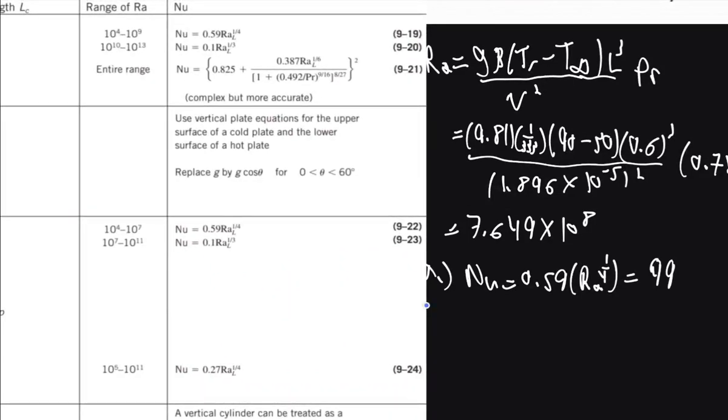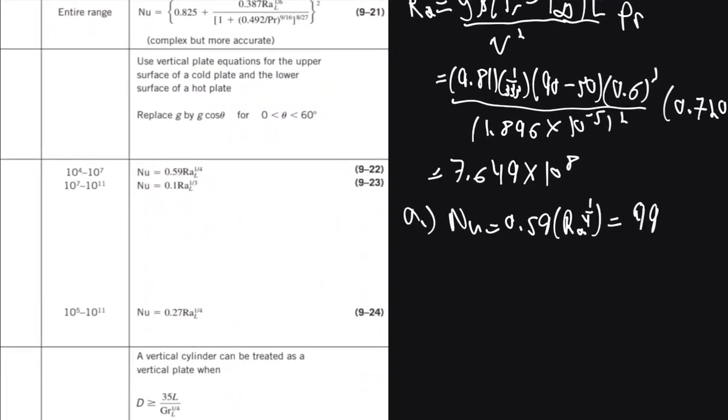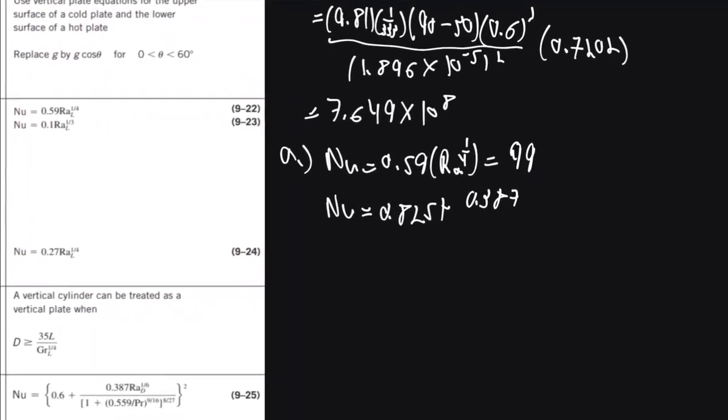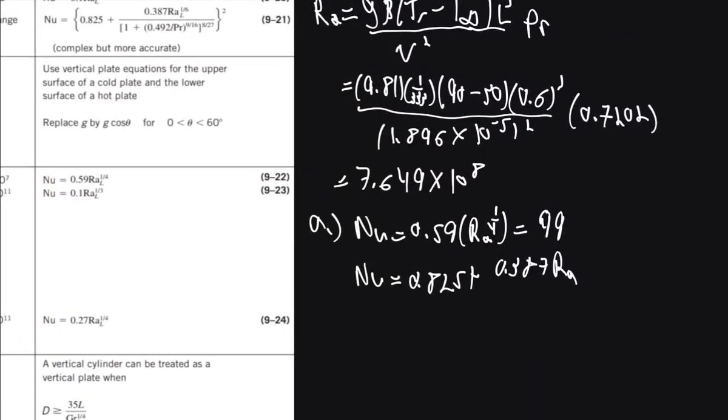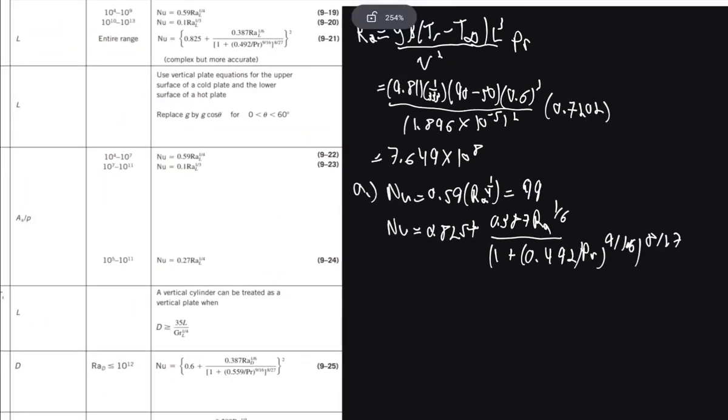Or we can use this other equation here. So the Nusselt number is 0.825 plus 0.387 times the Rayleigh number to the 1/6, over 1 plus 0.492 over the Prandtl number to the 9/16, and then all of this to the 8/27, and then this entire thing is squared.